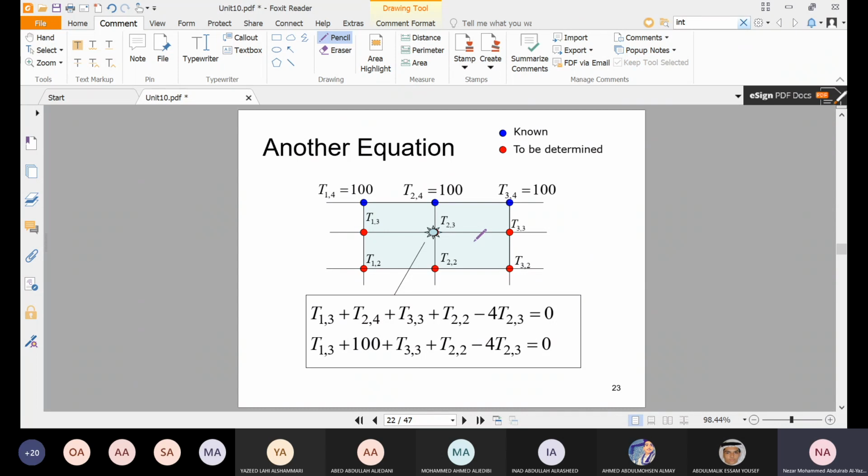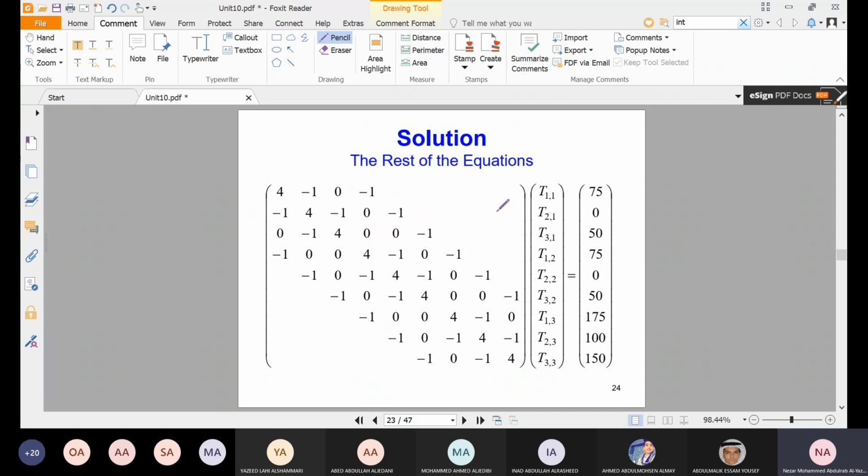Because we need to define an equation for every node, as a result we get a 9 by 9 matrix. So in this case, we need to compute the temperature at 9 nodes.